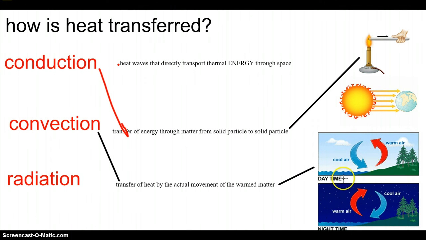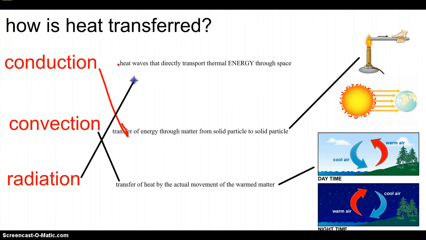This is what powers a lot of our weather systems, and you may remember these words when you talked about weather in 7th grade. It's that rising, less dense warm air and then the cooling, more dense cold air that is happening with convection. It also happens with liquids. Anything that's a fluid, gas or liquid, convection can happen in.